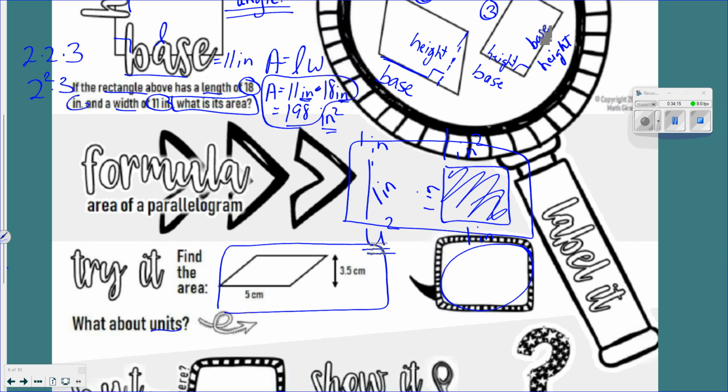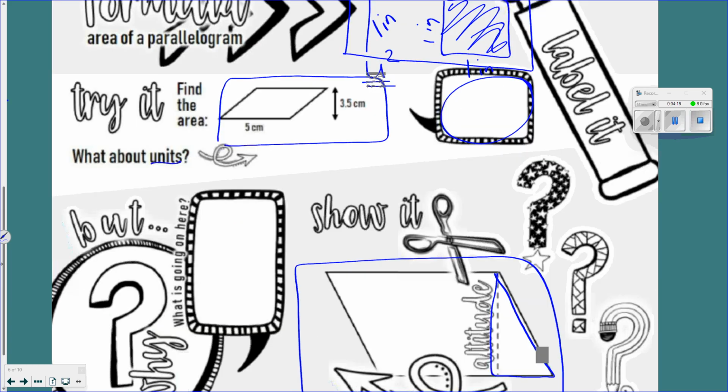So again, this is a parallelogram. So I know that my area is base times height. What's my base? 5. So I can put it right on my finger. What's my height? 3.5. Put it right on your finger. Guys, if you lay it on your finger, then it should be really easy to put it in the formula. Now I'm just going back to my formula. Base is 5 centimeters.